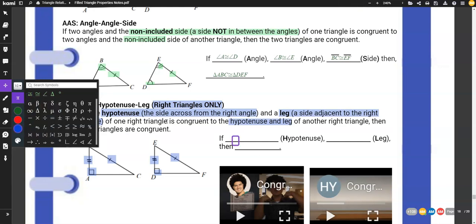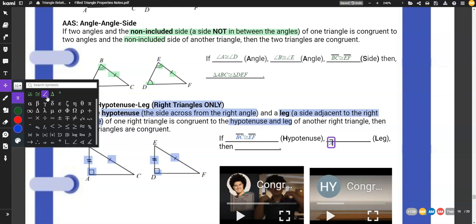So if, in this instance, segment BC, which in this case is our hypotenuse, is congruent to segment EF, and the leg is congruent as well. And of course, there are two legs, and it could be either leg.